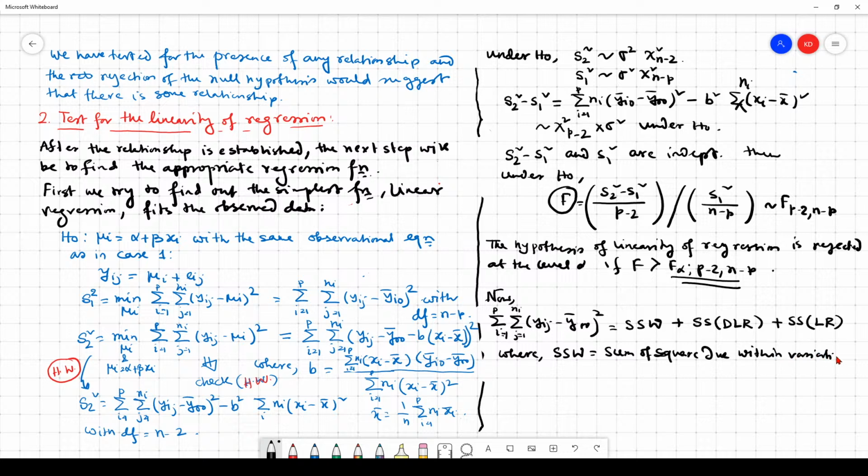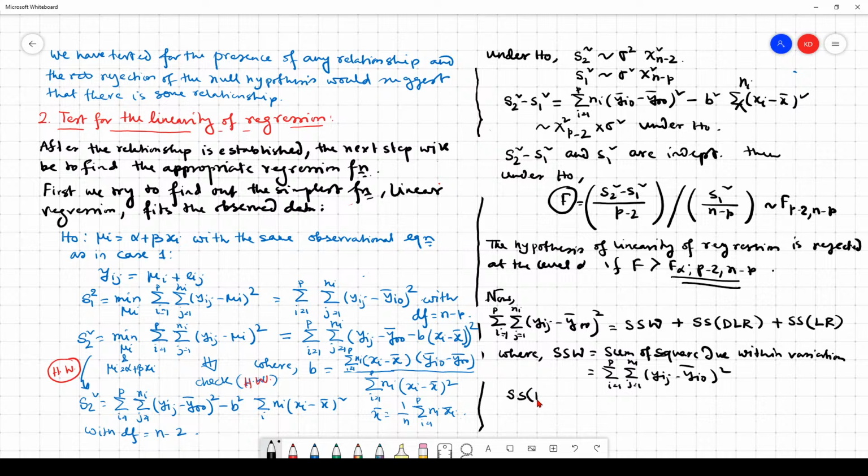So this is equal to the sum over i from 1 to p, j from 1 to ni, of yij minus yi naught bar whole square.